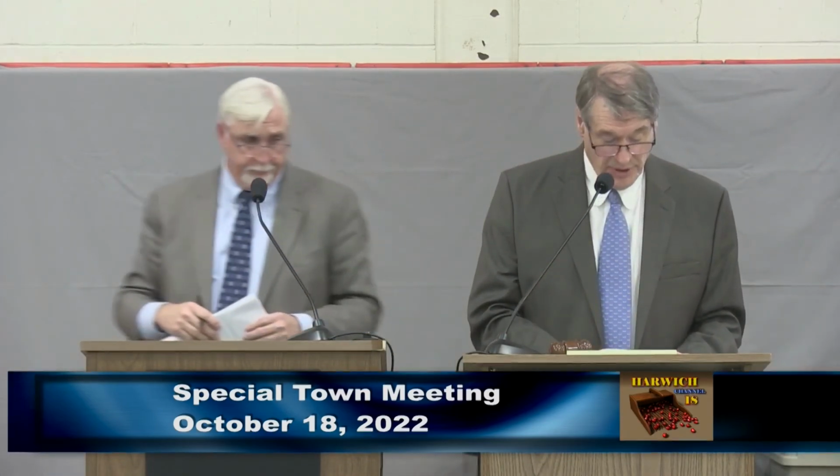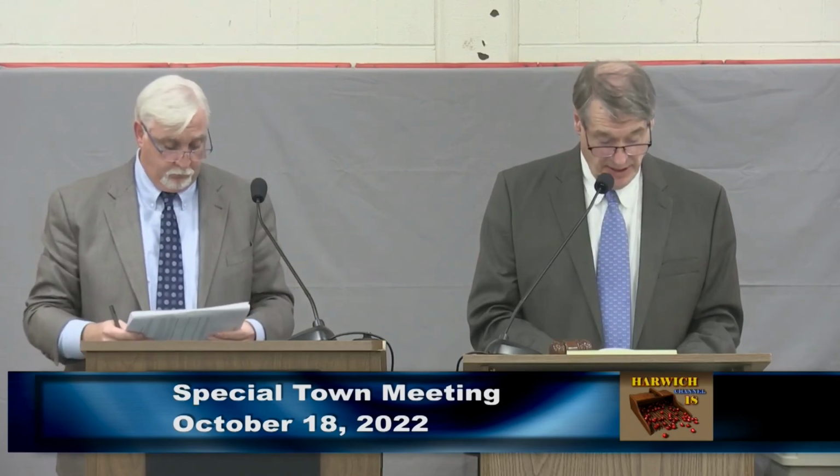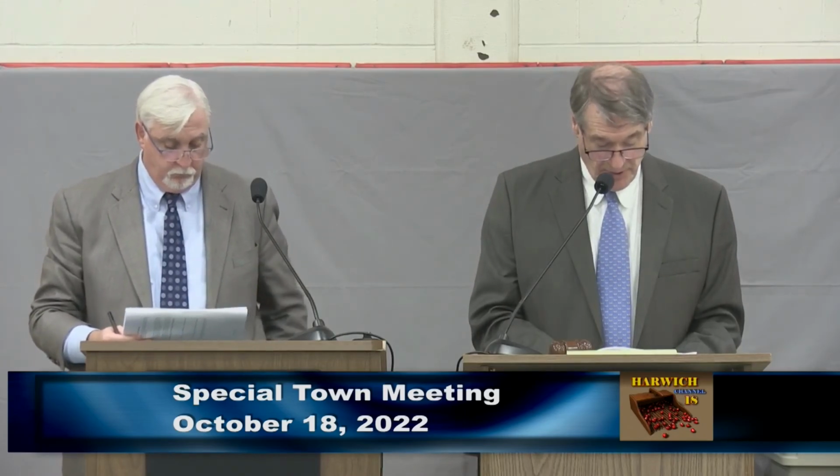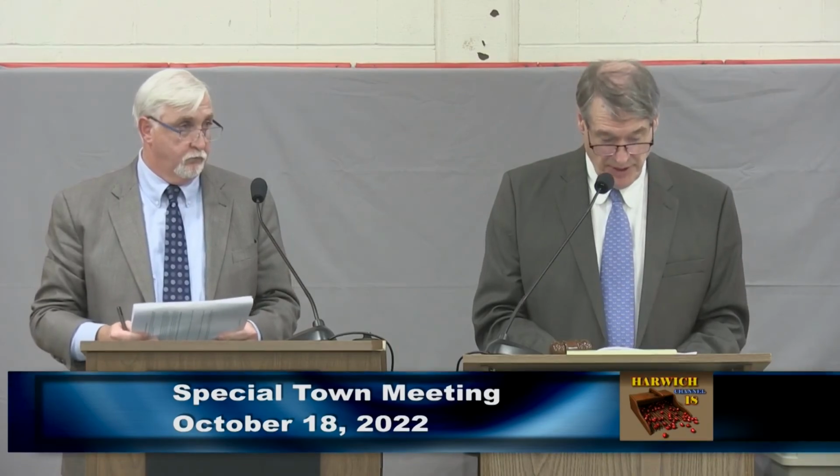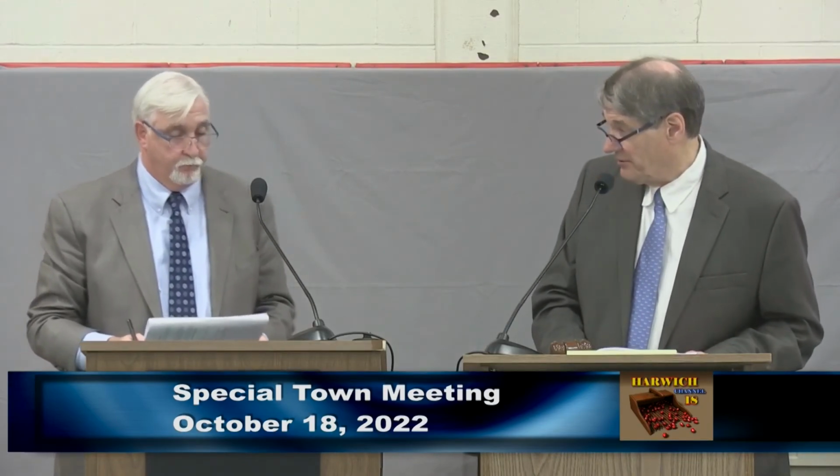I move that Article 8 be accepted and adopted, and that the amount be raised and appropriated for the purposes of this article shall be reduced by the sum of $183,394 from $2,079,314 to $1,895,921. Motion under Article 8 is to reduce the assessment that we made at the annual meeting for Cape Cod Regional Technical School District by $183,394. Debate. Mr. Powers.